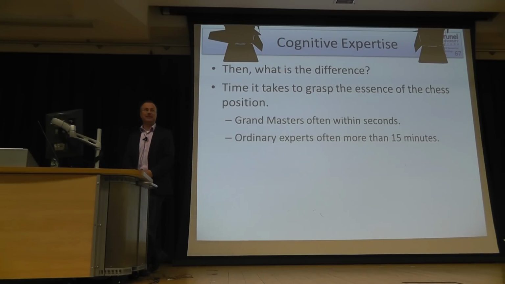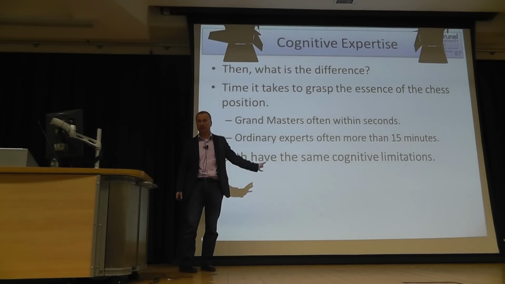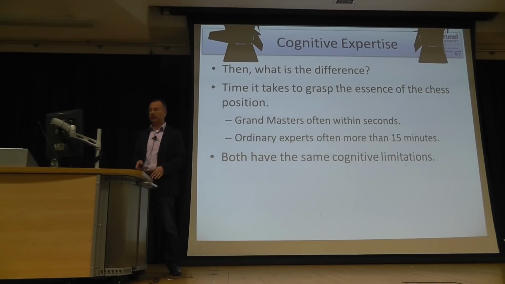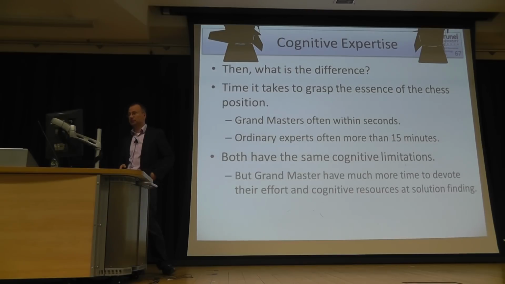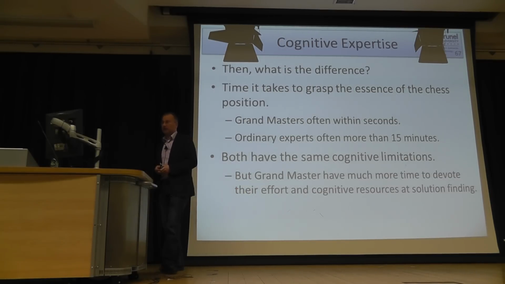So they're much faster in a way. However, both suffer from the same cognitive limitations. Their short-term memory capacity is the same. It's not enlarged in experts. However, when they are faster, they have more time to think about solution finding, basically.